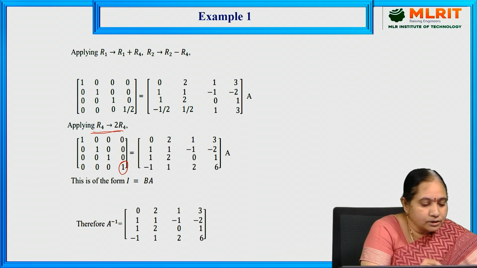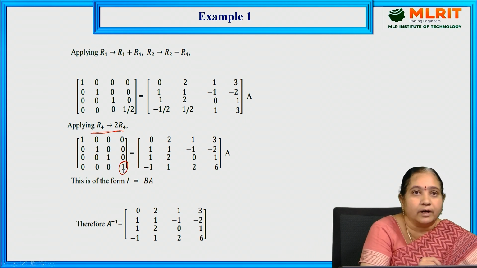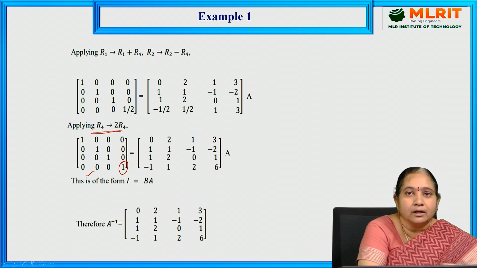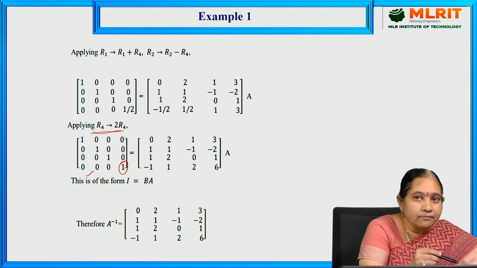So 1, 0, 0, 0, 1, 0, 0, 0, 0, 1, 0, 0, 0, 0, 1. Now this matrix is identity matrix. So the given matrix becomes identity matrix.